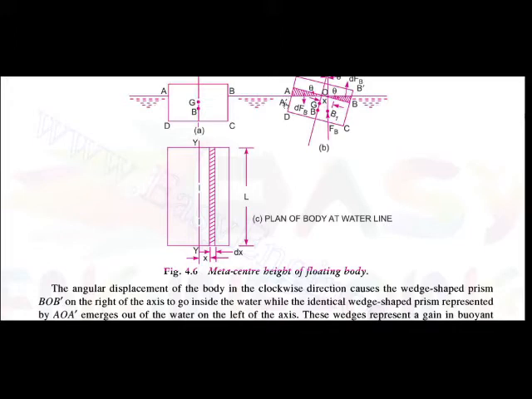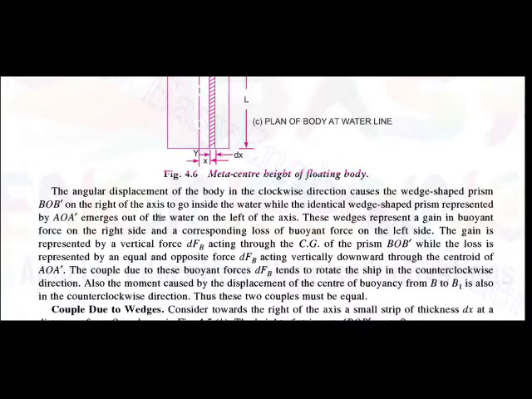Okay, so this wedge is showing the gain of buoyancy on the right side, and the loss of buoyancy on the left side. So dF is the force in the figure. These wedges represent the gain of force on the right side, and also the corresponding loss of buoyant force on the left side.